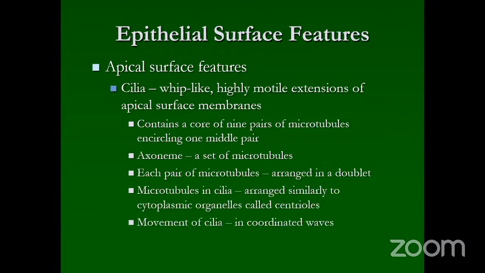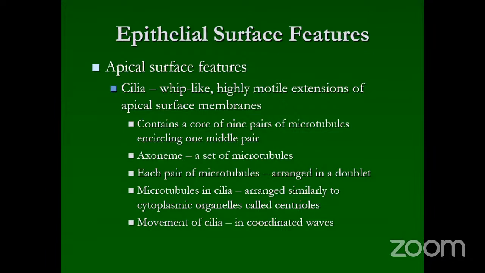And it also contains cilia. Cilia is a hair-like structure, as I told you. It is highly motile, meaning always moving. And it contains a core of 9 pairs of microtubules. At the center, you have a single pair, which is surrounded by 9 pairs of microtubules.